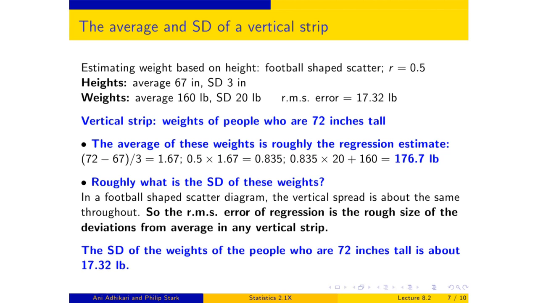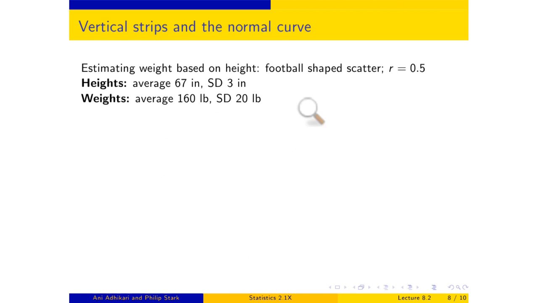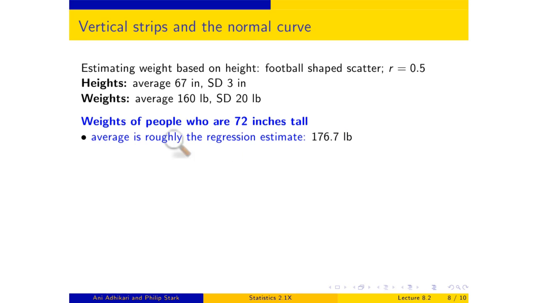And there's just a little bit more. Again, a recap: your data, the correlation, the problem. We are looking at the weights of the people who are 6 feet tall, and we have learned a couple of things already. That we can find the average of their weights by regression. We can find the SD of their weights by regression, using the fact that the diagram is football-shaped.